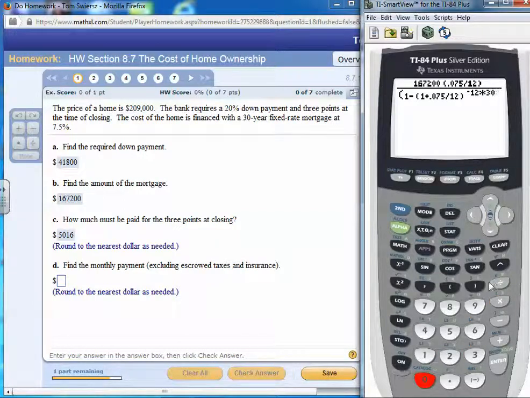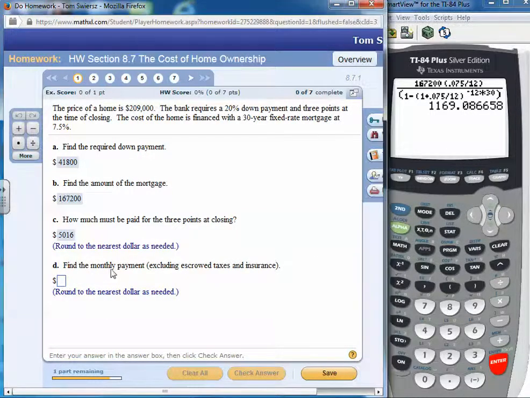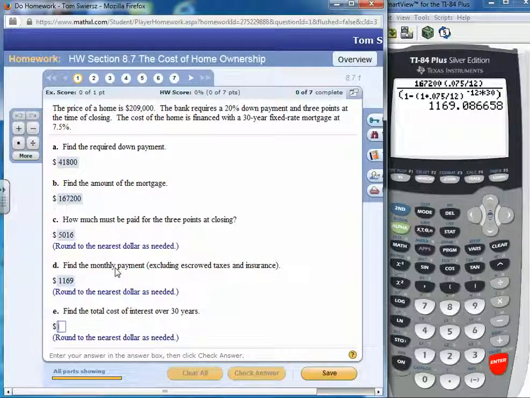And if you have an 83, you need parentheses around the exponent, and then another right paren. And we get, to the nearest dollar, 1169.08. So we would round to $1,169.